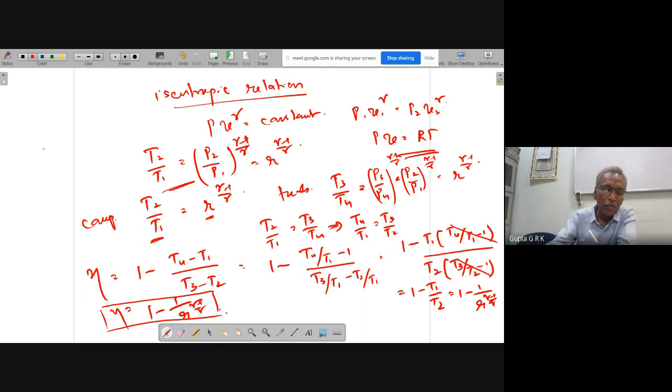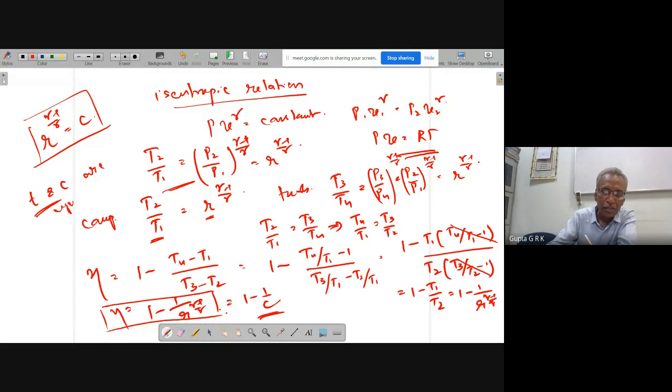And this R to the power gamma minus 1 by gamma is given another name, say C. So this will become 1 minus 1 by C. This small t and C are cycle parameters, so you have to get used to this particular terminology. I use small t and C very often.